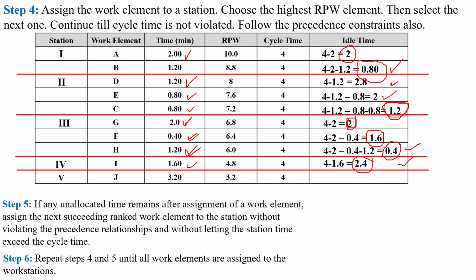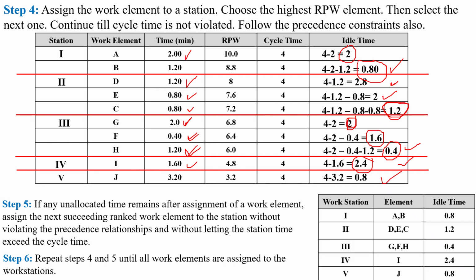So workstation number 5 with the work element J, and processing time is 3.2, cycle time is the 4. So idle time is the 0.8. So this is the assignment of the work elements to the respective stations. So here there are 5 stations possible. So first station is with the elements of A and B, idle time is the 0.8.